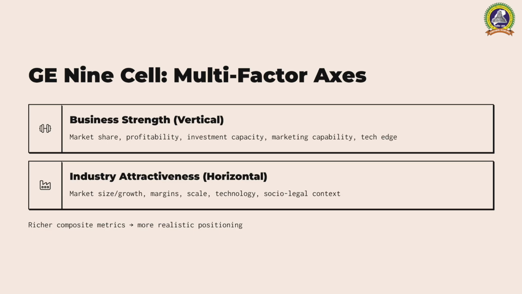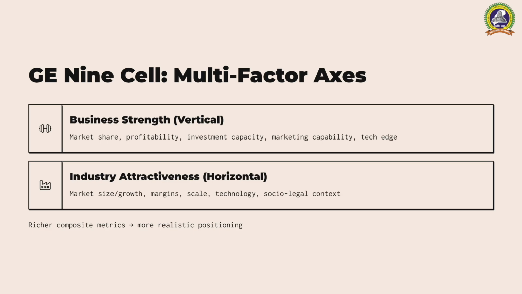This is measured in terms of the company's market share, its profitability, its ability to compete and invest, its knowledge of marketing strategies, and any technological advantages, and so on. This is a much richer multiple factor measure than relative market share.